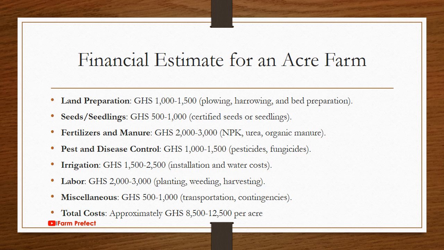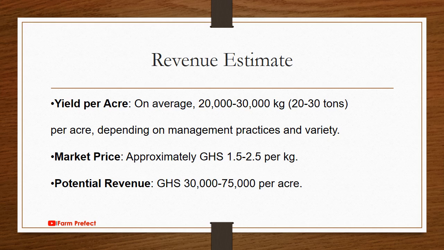But if you have a good bargaining strategy, and if you supervise activities well on your farm, you can have everything, leasing of land and all that, within the range of 8,500 to 12,500. And this covers everything from land acquisition and land preparation to harvesting. Okay, that is it.